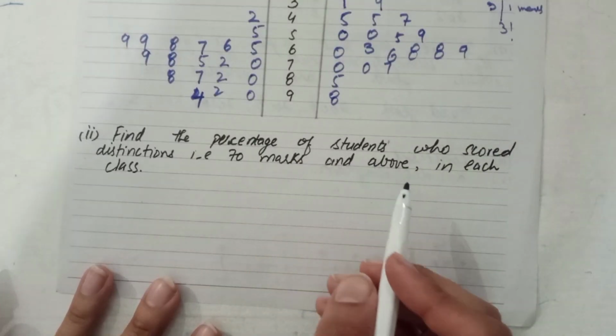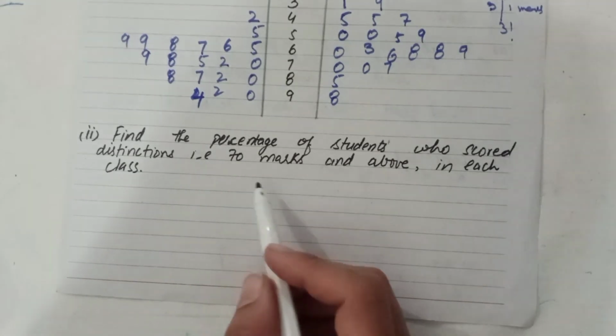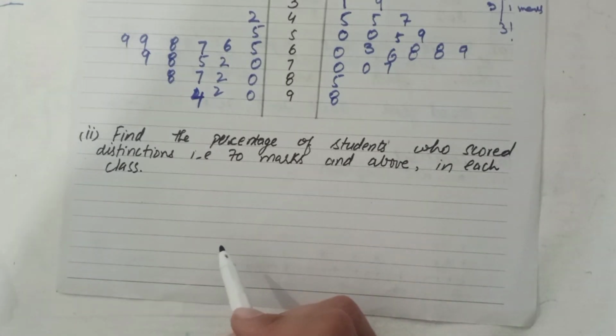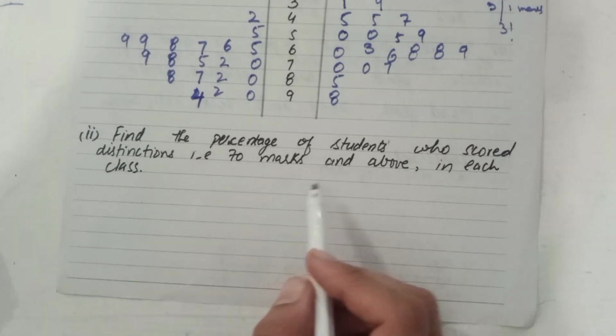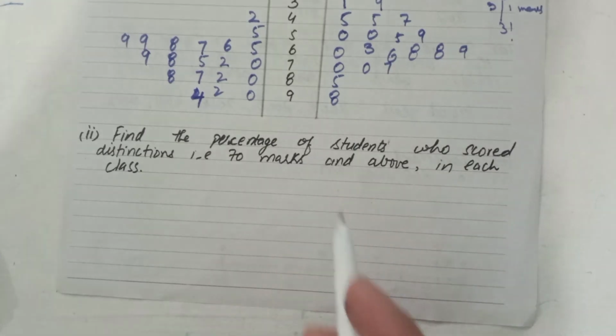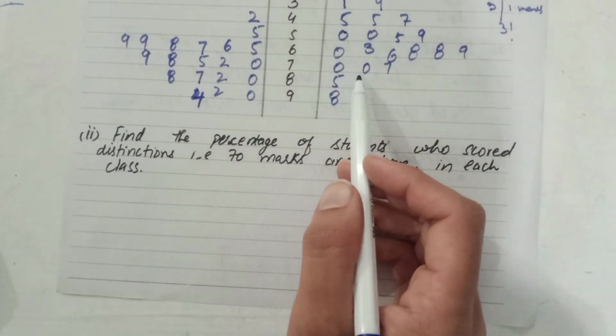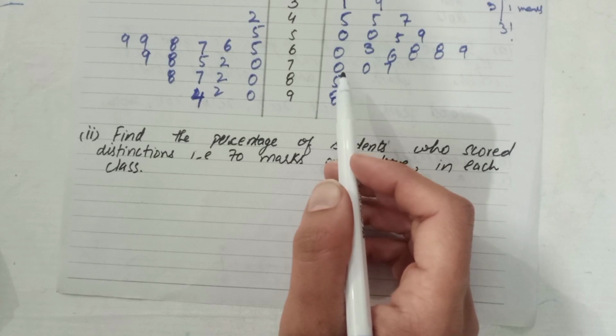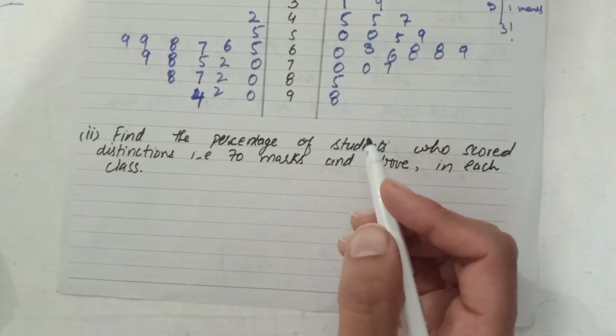And in the next question, find the percentage of students who scored distinction, i.e. 70 marks and above, in each class. We have to find the percent of the students who scored distinction, i.e. 70 marks and above. For class A, there are 1, 2, 3, 4, 5 students.